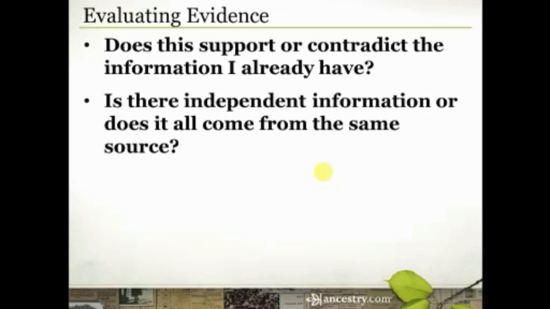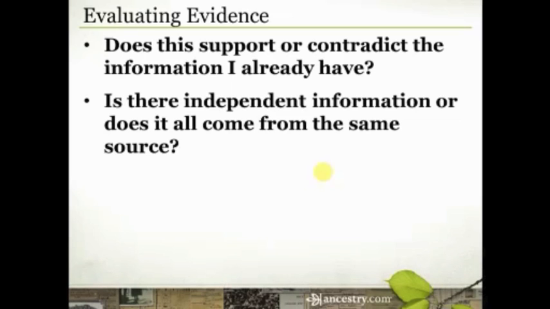Is there independent information, or does it all come from the same source? If I'm looking at 2 or 3 census records that all say the same thing, that doesn't mean those 3 things are accurate and the death certificate is wrong. Maybe it was his wife that filled that information out, and she always thought he immigrated in this year and he was born in this place.